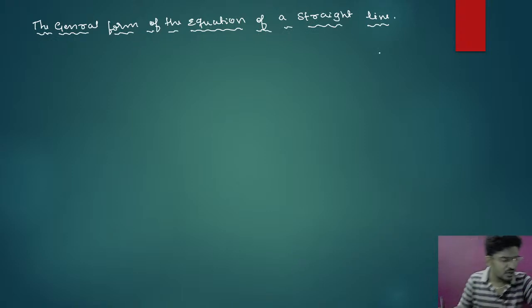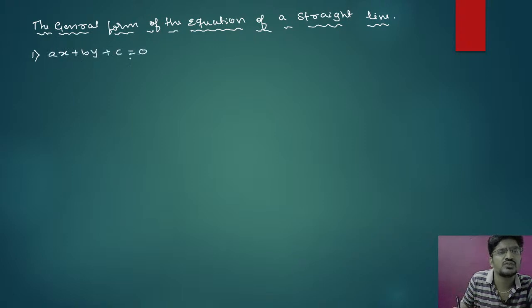What happens here in the general form? We know that the general form of the equation of a line can be written as ax plus by plus c equal to 0. Very good, Shivkumar, you are giving the right answer. That is ax plus by plus c is equal to 0.